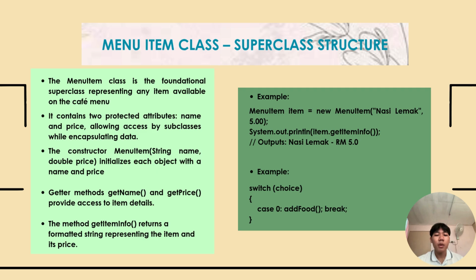It initializes each object with a name and price. Getter methods are getName and getPrice, which provide access to item detail. The method getItemInfo returns a formatted string representing the item and its price.